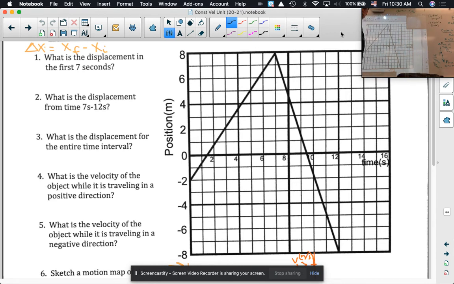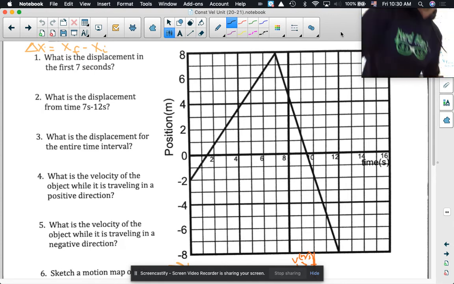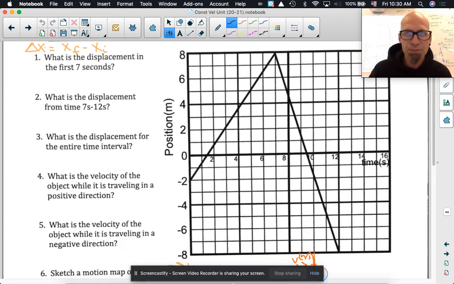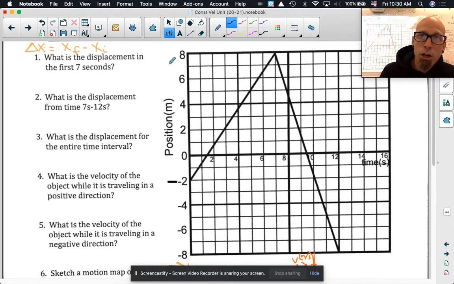Oh boy. Well, this is gonna be tough, because I can't mark on it except like this. This may not go well at all.